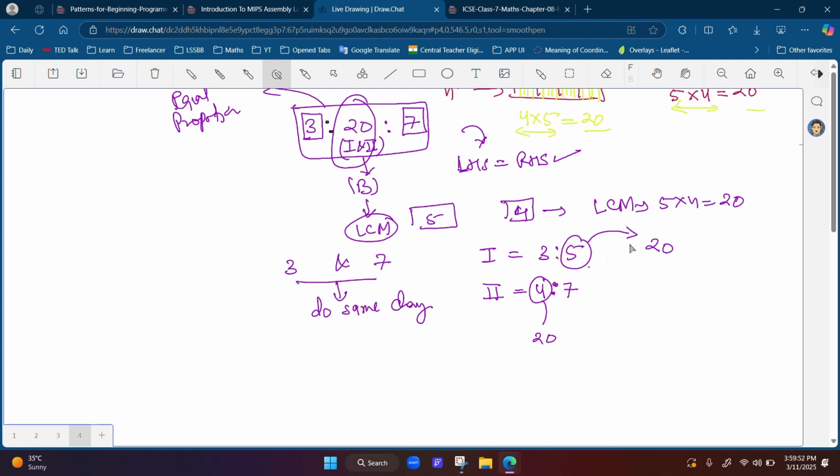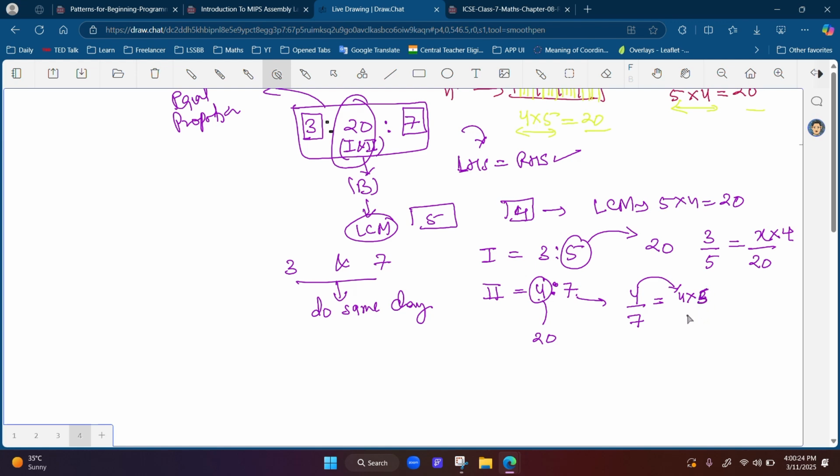Okay. Now for a moment imagine 3 ratio 5 is written like this, and this has changed to 20. So 4 was that multiplier. Multiply by 4 like this. Imagine 4 ratio 7 is written like this, but this 4 was changed to 20 like this.